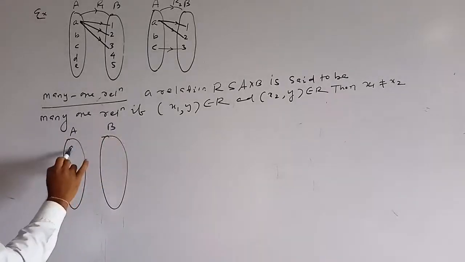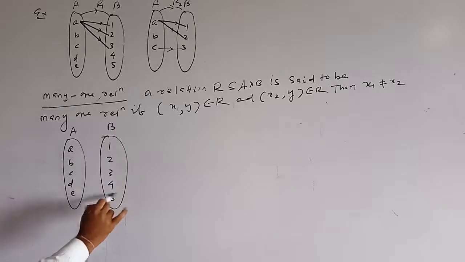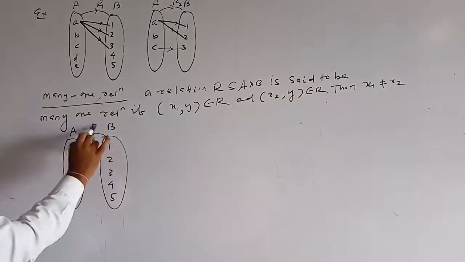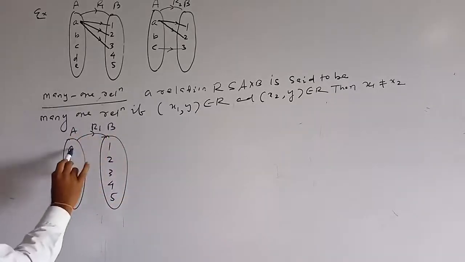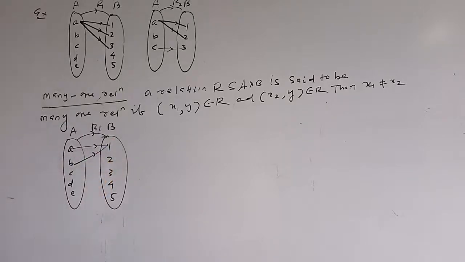For example, this is the A set and this is the B set. Suppose the A set contains a, b, c, d, e and the B set 1, 2, 3, 4, 5. Now we take this as R1: a related to 1, b related to 1. So clearly this is a many-one relation because (x1, y) and (x2, y) but x1 is not equal to x2.